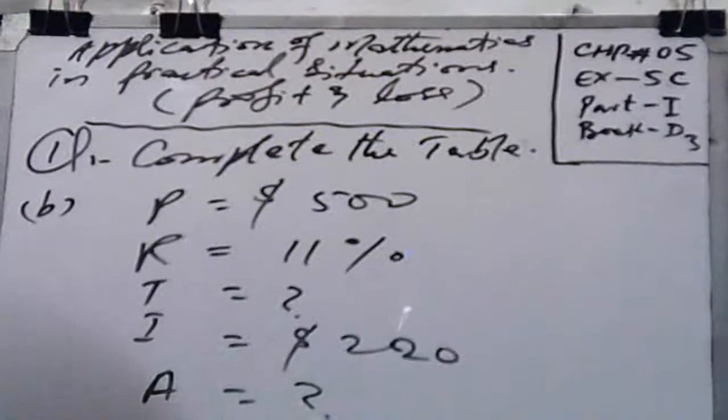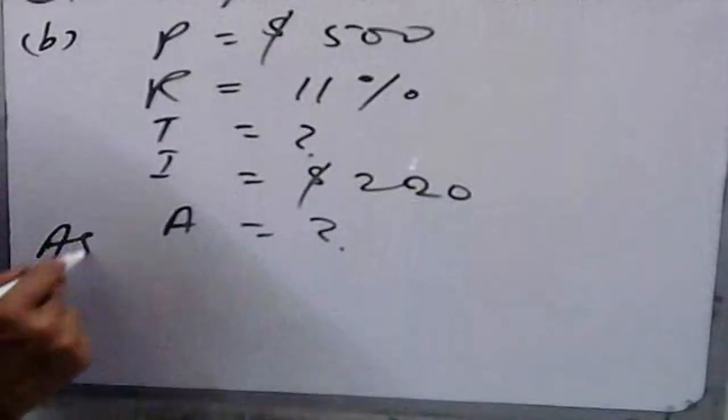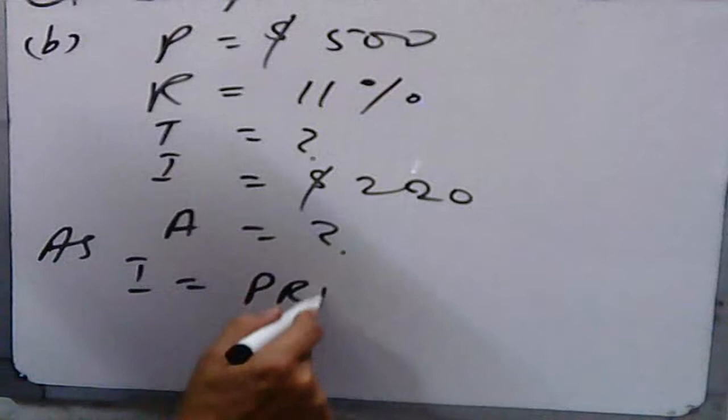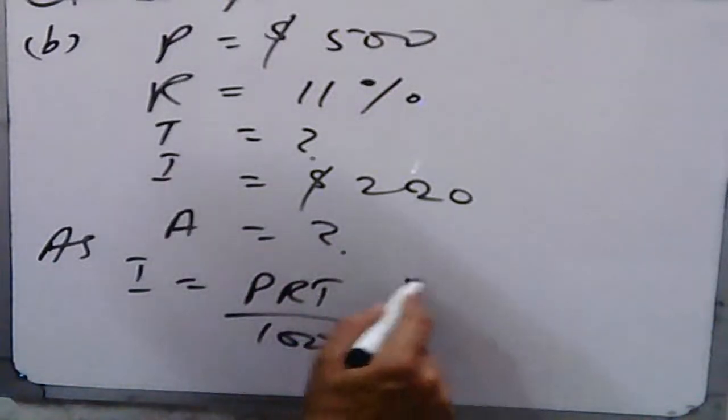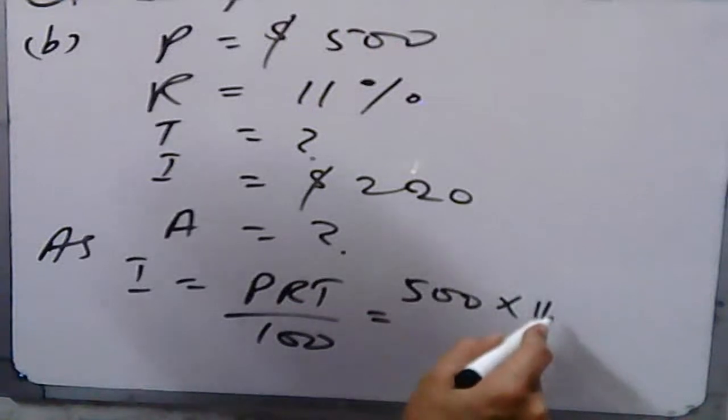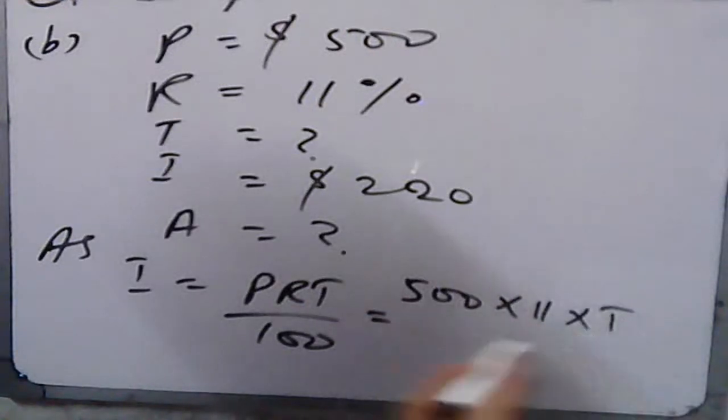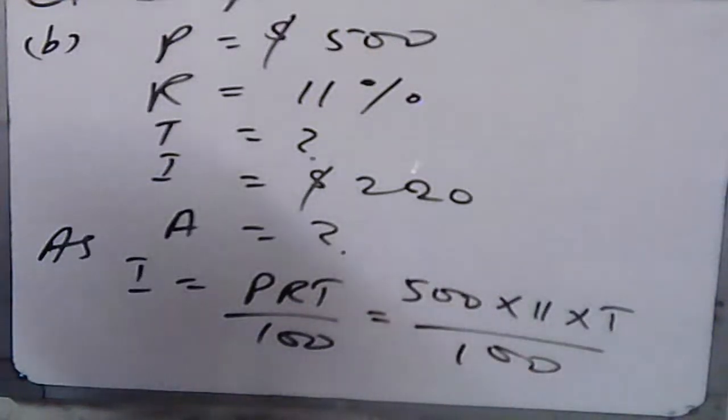Similarly, we have a formula: simple interest is PRT divided by 100. So putting the values, principal amount is 500, 11 is your rate of interest, and time we have to find, divided by 100, and simple interest is given to you, that is $220.